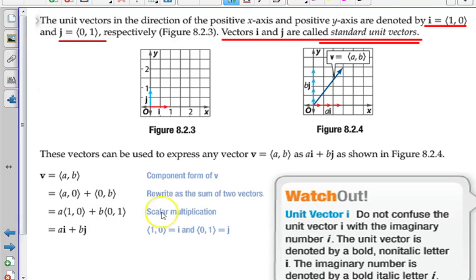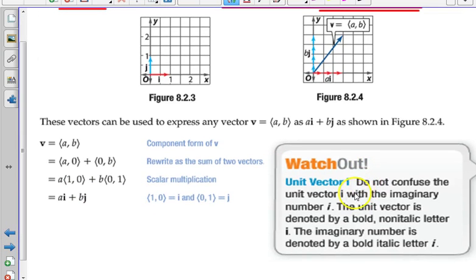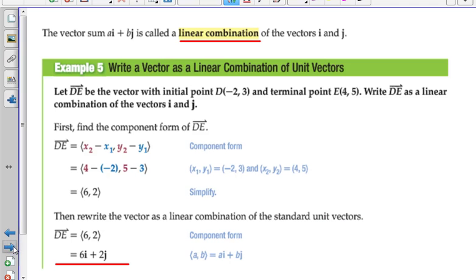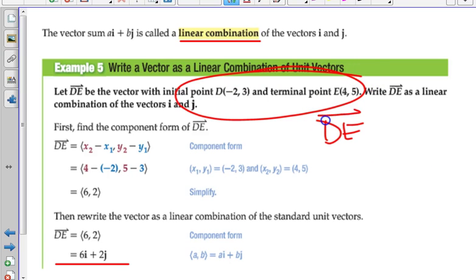All right. It says here, just be careful. This I that we're talking about is not an imaginary number. And this method we just talked about is actually called a linear combination when you put in the i's and the j's. So remember from yesterday. Okay, we have a vector that goes DE. Do you remember how this works?